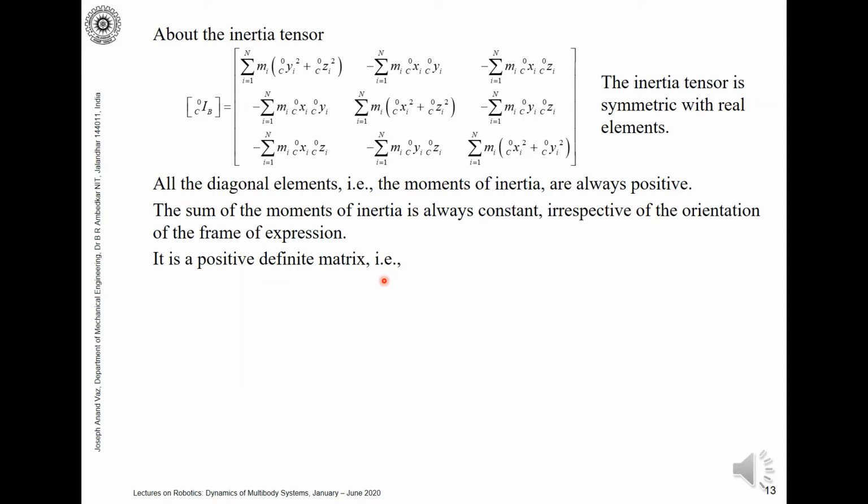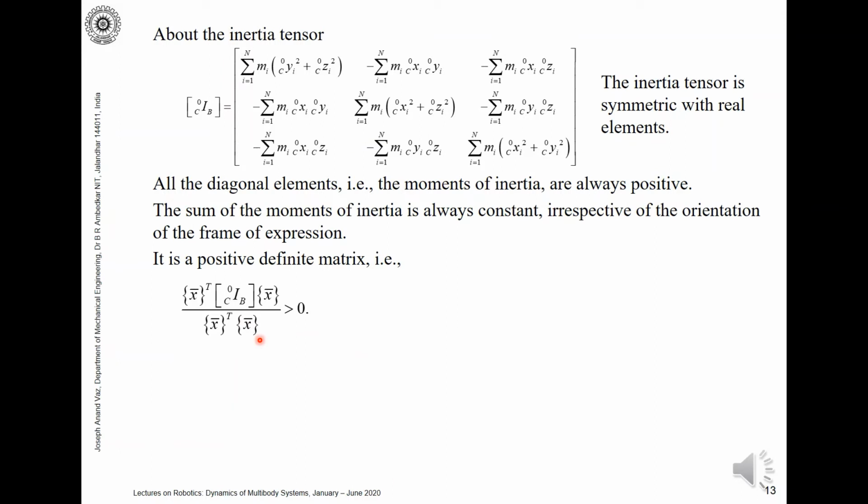The inertia tensor is a positive definite matrix. That is, this product x transpose I x works out to be a scalar because I, the inertia tensor, is a 3 by 3 matrix and the x vector is a 3 by 1. So when you have x transpose, it's a 1 by 3.